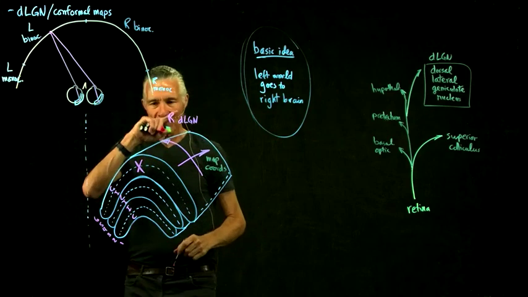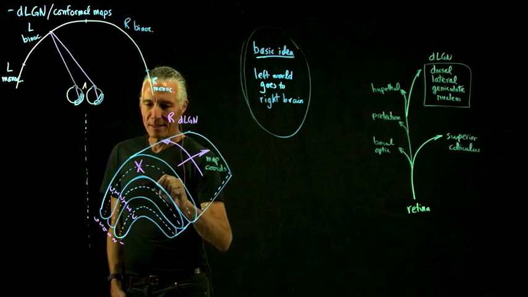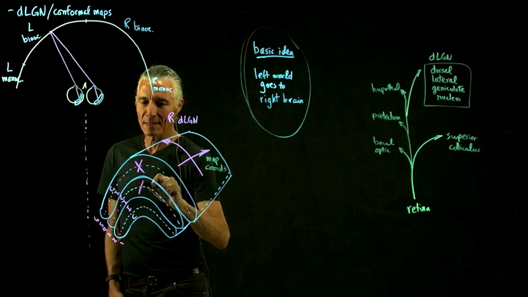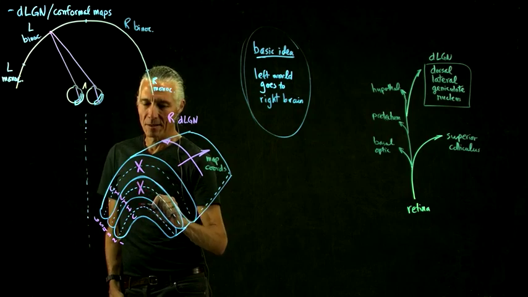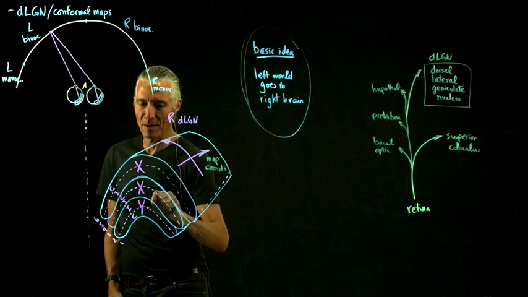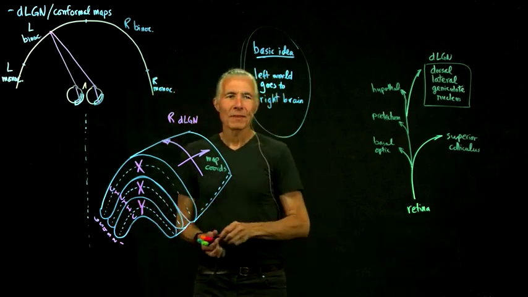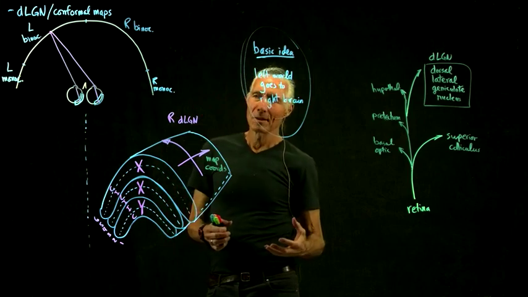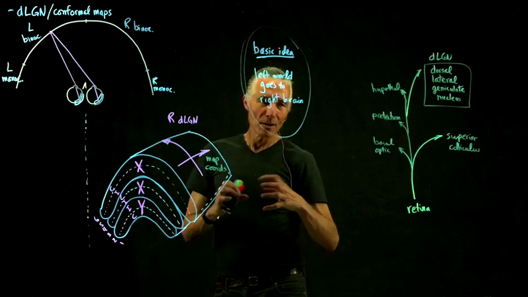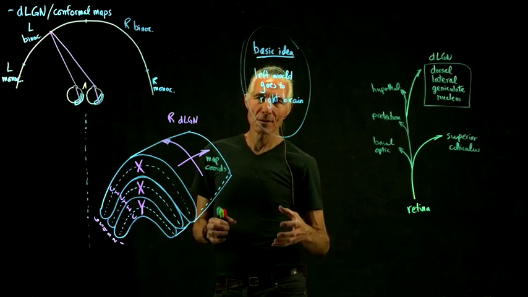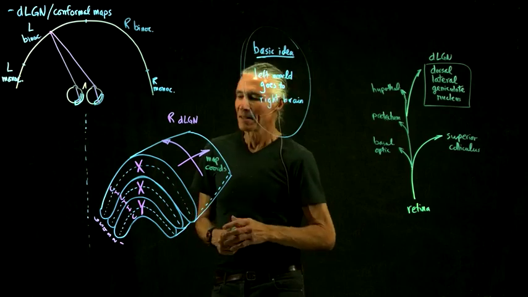So one of the things that's separated is the X and the Y business. So layers 1 and 2 mainly get input from the Y system. That's the more transient system. It's the larger cells. Larger cells are always more transient.